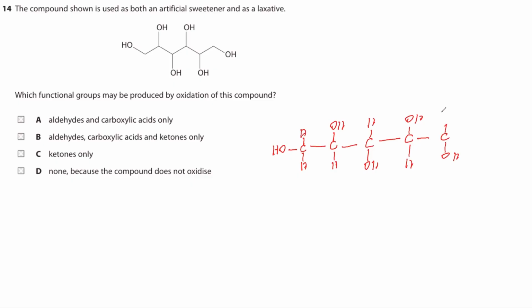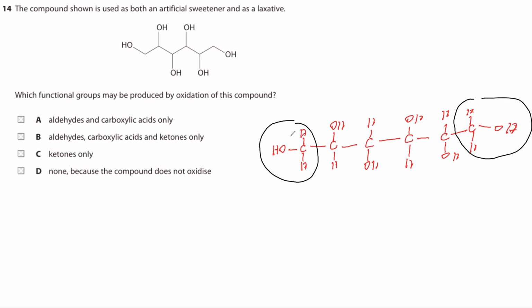OH, H, secondary alcohol. CH2, OH, primary alcohol. So remember, if it is a primary alcohol, it can go to two options. I'm not going to draw it here, I'll just draw it here. So now we have primary and secondary.